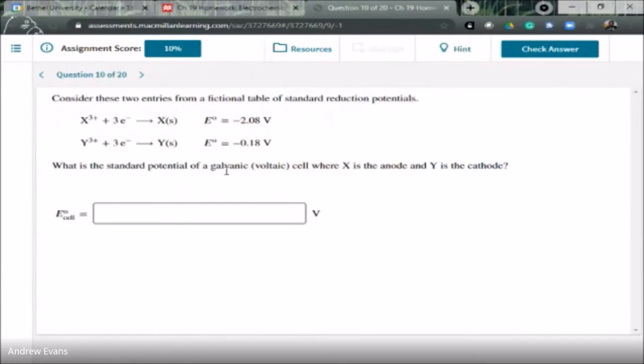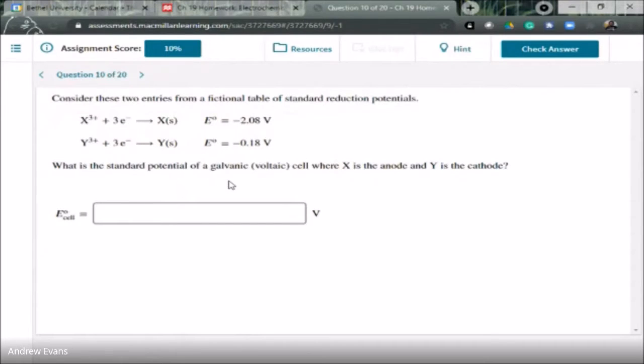This one, first time we actually calculate cell voltage. If they say, here's our 2 reduction potentials, and they say standard galvanic cell where X is the anode, Y is the cathode, so it's cathode minus anode. It's basically the guy who gets reduced minus the guy who gets oxidized. The oxidation is on the left, which is why it's cathode minus anode.